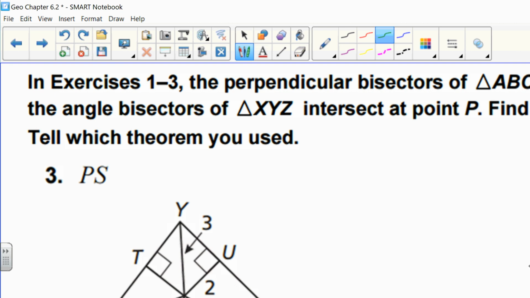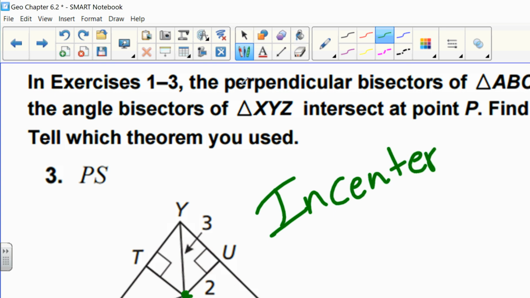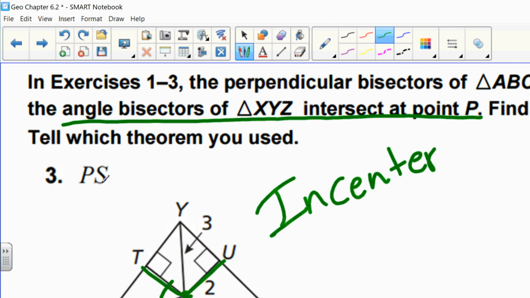So we look at this here. This is going to be an incenter, mainly because it says the angle bisectors of triangle XYZ intersect at point P. So that means that PS, PU, and PT are all going to be congruent, the same.